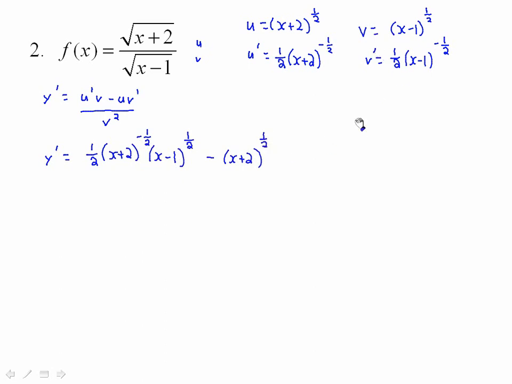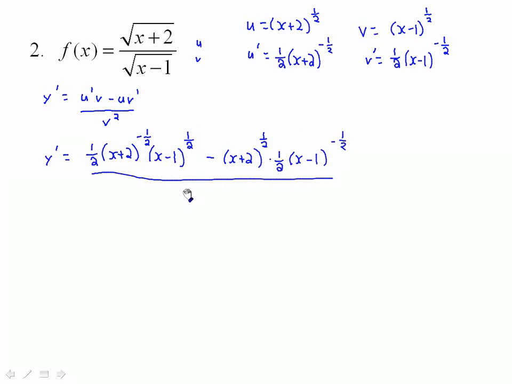This should be v prime there. So v prime is 1/2 times x minus 1 to the negative 1/2. All of this is over top of v squared.